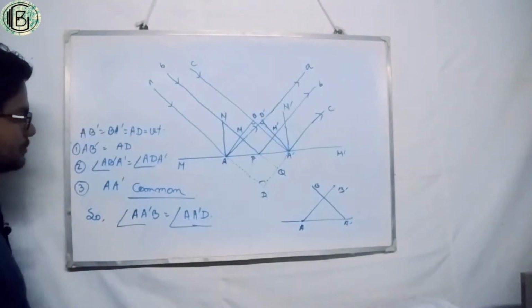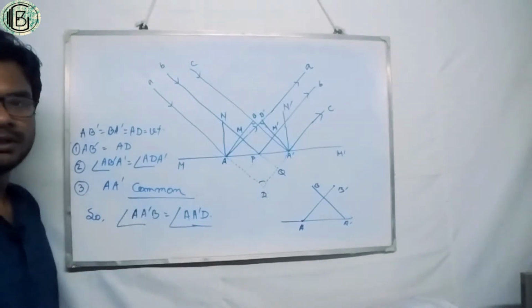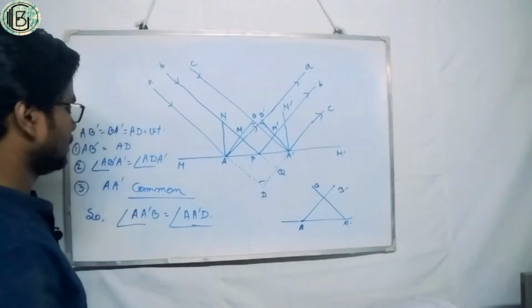Now this A prime is the common side in these two triangles.